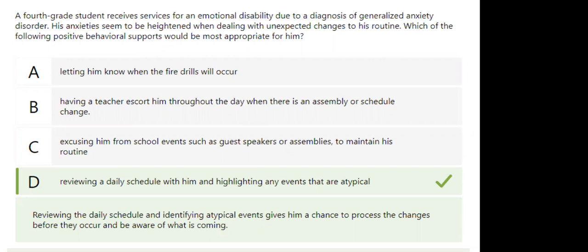This gives the child a chance to process the changes before they occur and be aware of the possibility that it could happen. Children become very used to schedules, and some adults do as well, but for someone that has an emotional disorder and anxiety, knowing their schedule is very comforting.